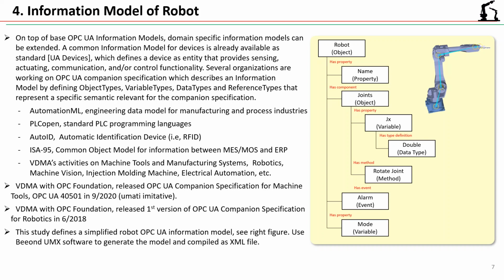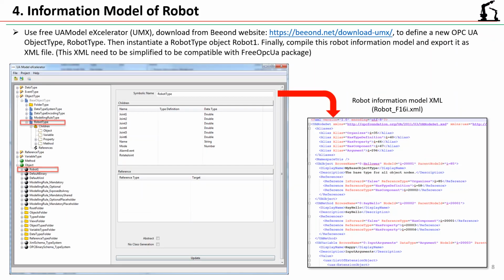In this study, I didn't use that complex model. Instead, I just referred to it and defined a simplified robot OPC UA information model, just like the right figure shows. I used a free UA modeling software called UMX, downloaded from the Beyond website, to define a new OPC UA object type called RobotType. That is my simplified OPC UA information model for the robot.